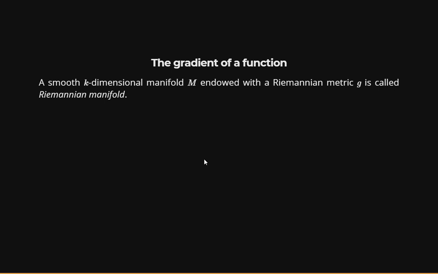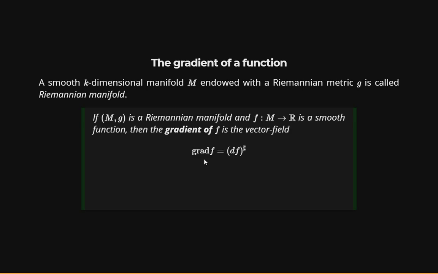Okay, so why are we doing all this? Because we can do the gradient of a function. This line was already 4 or 5 slides ago. If you take a Riemannian manifold and a smooth function f from M to R, the gradient of f is the vector field grad f, or nabla f, which is df, the differential, sharp.